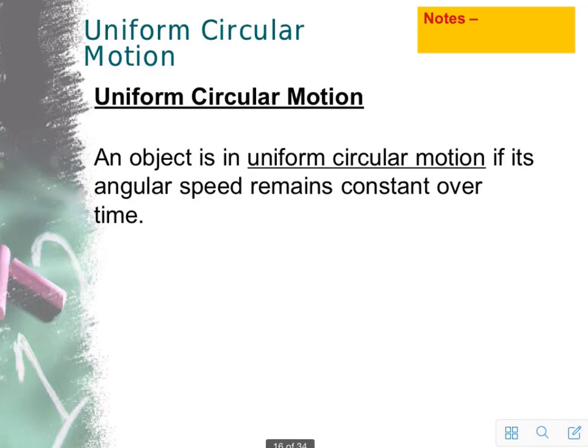Okay, now that I've defined some important terms for you, let's talk about what uniform circular motion is, because that is what I entitled this lesson. An object is in uniform circular motion if its angular or linear speed remains constant over time. Advanced students, we didn't talk about angular speed with you, but you can actually use linear speed.